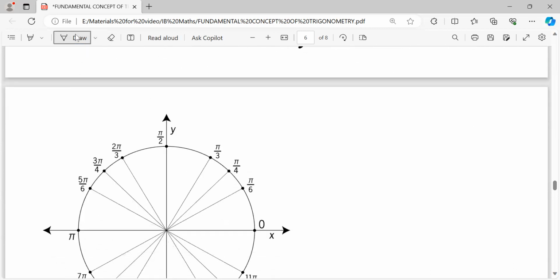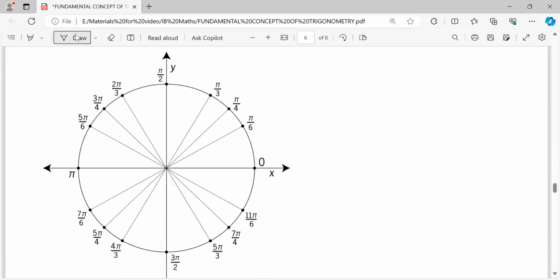Next. Now 7 pi over 4. For 7 pi over 4, we are going to create the triangle. I'm going to determine 7 pi over 4 using this angle.